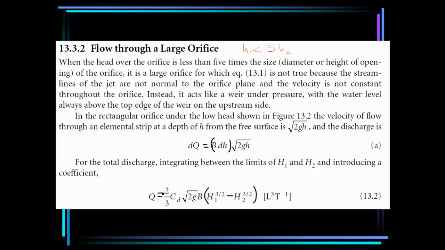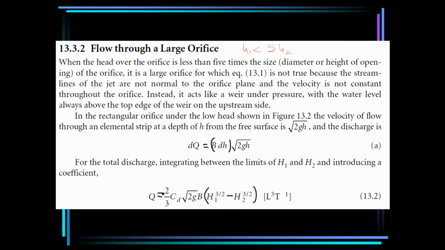It acts like a weir under pressure, with the water level always above the top edge of the weir on the upstream side.